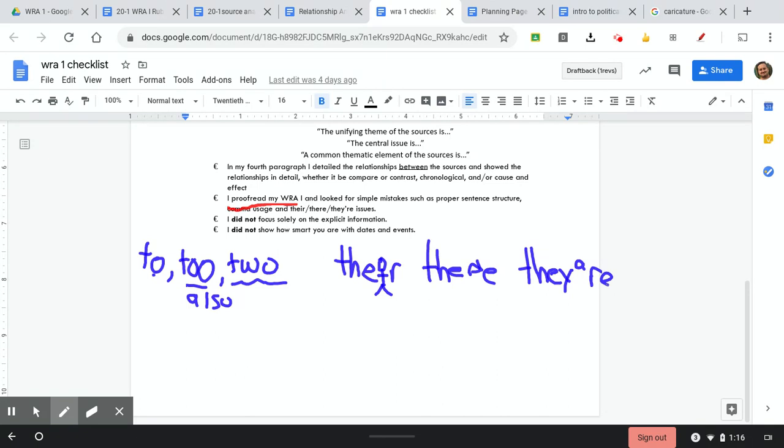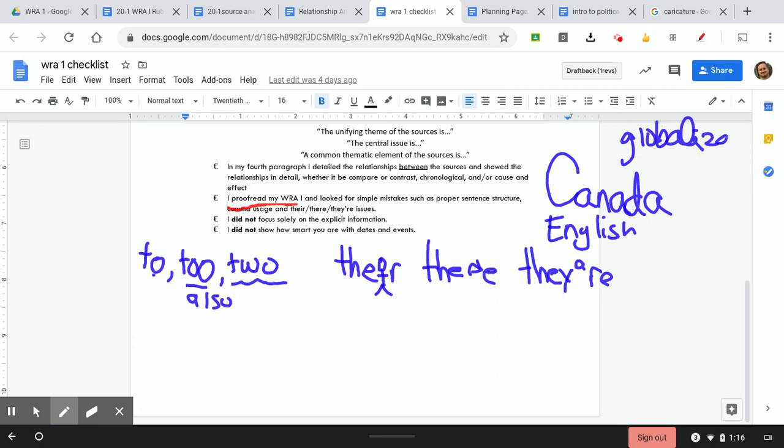Other things that we look for in communication. Capital letters. Any proper noun needs a capital letter. So the word Canada needs a capital letter. The name of a language, English, needs a capital letter. French needs a capital letter. Some words that do not need a capital letter: globalization.